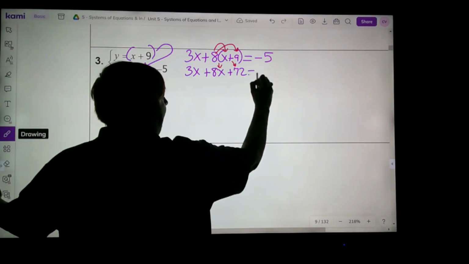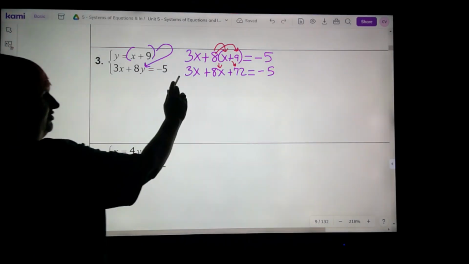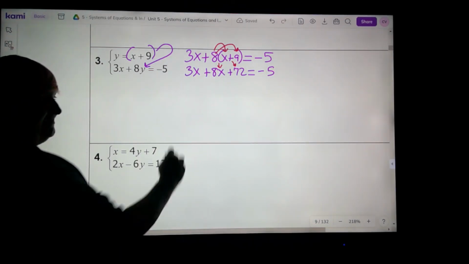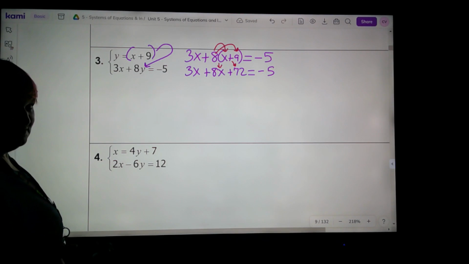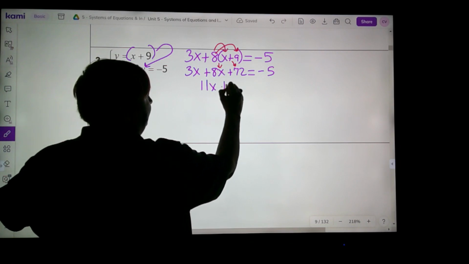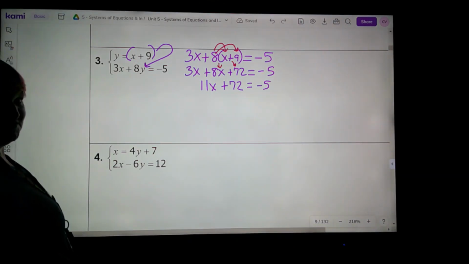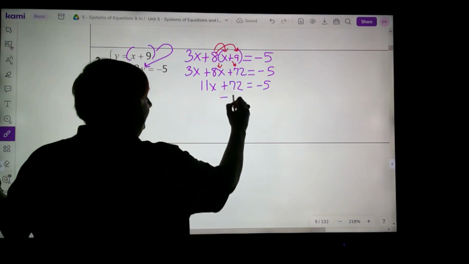I'm going to bring down my equals -5. I'm going to combine my like terms. 8x and 3x have the same variable, so I can combine them. 8 and 3 is 11, so 11x plus 72 equals -5. Now I just need to solve for x, right? Get rid of the constant.